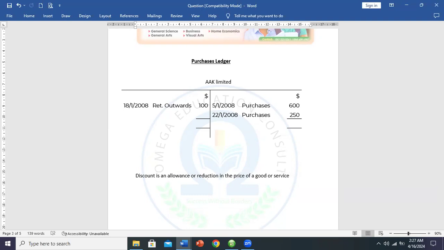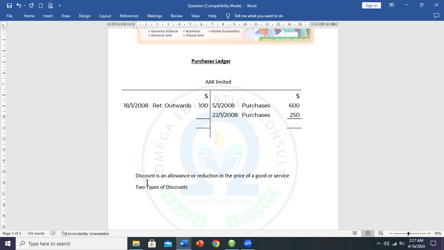So the price of the bottle of champagne is 50 cedis. You go and the person asks you to pay 45. The person has reduced or given you some allowance, and that is called a discount. In accounting, there are two types of discounts.